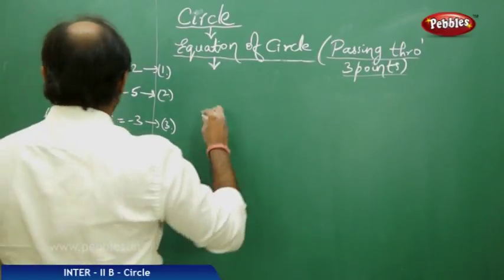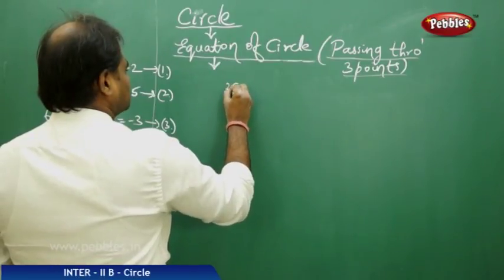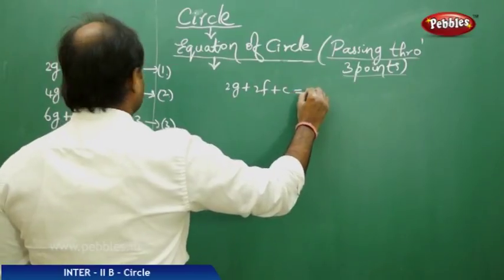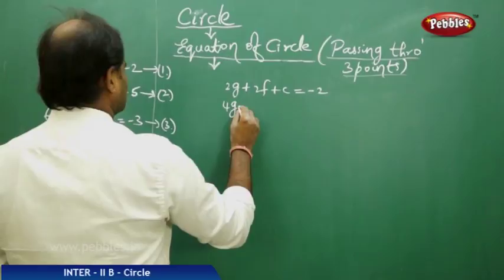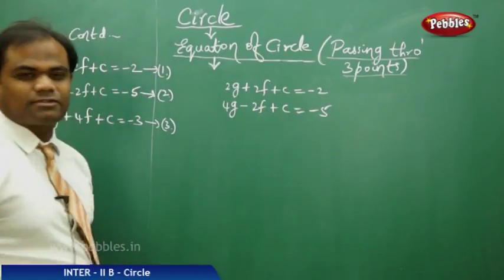So in this case, I first take equations 1 and 2, which give 2g plus 2f plus c equals minus 2 and 4g minus 2f plus c equals minus 5.